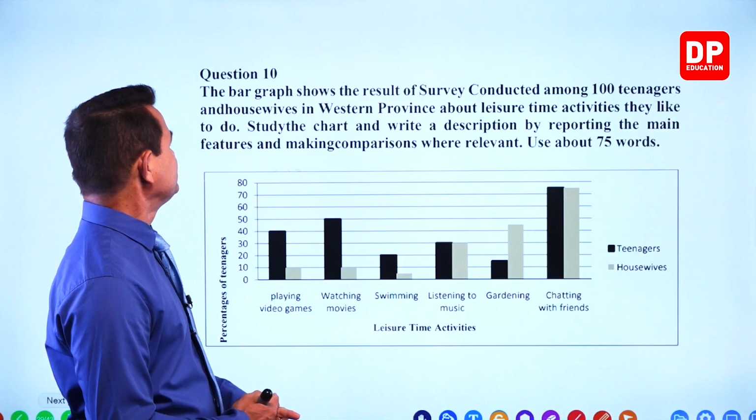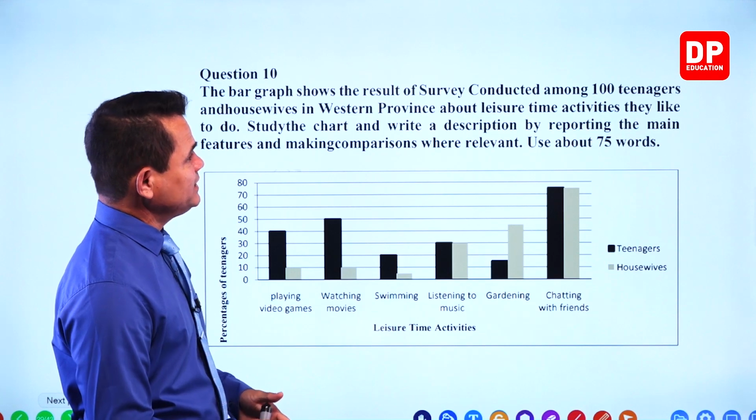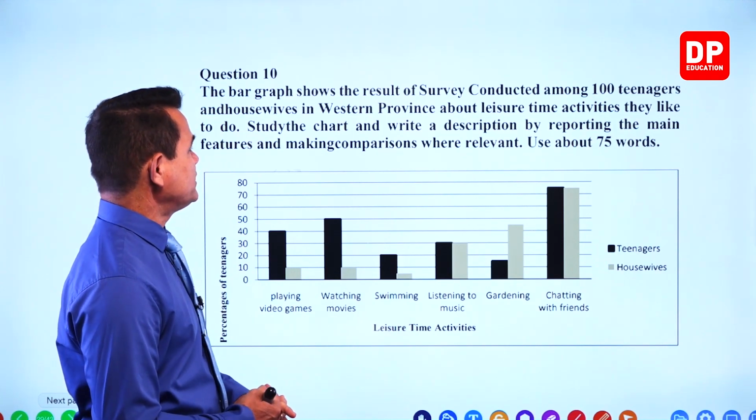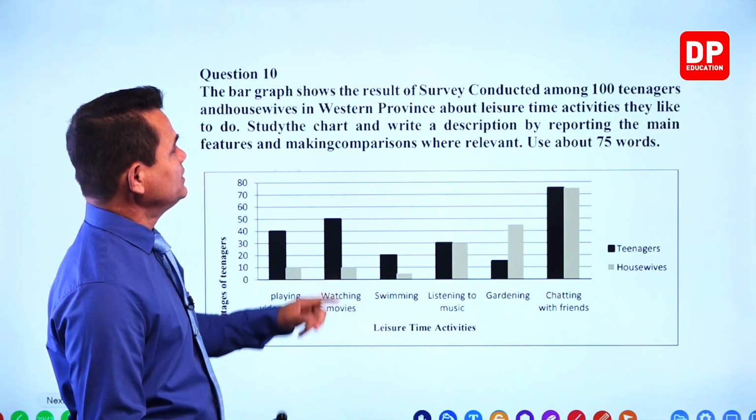Question number 10. The bar graph shows the results of a survey conducted among 100 teenagers and housewives in Western province. මේ bar graph එකෙන් පෙන්නනවා.